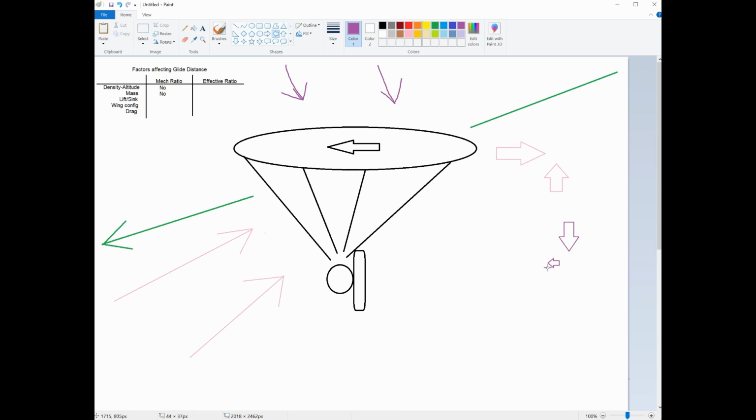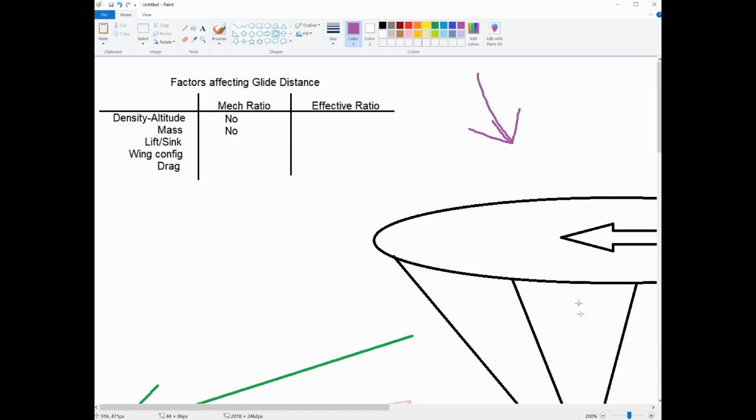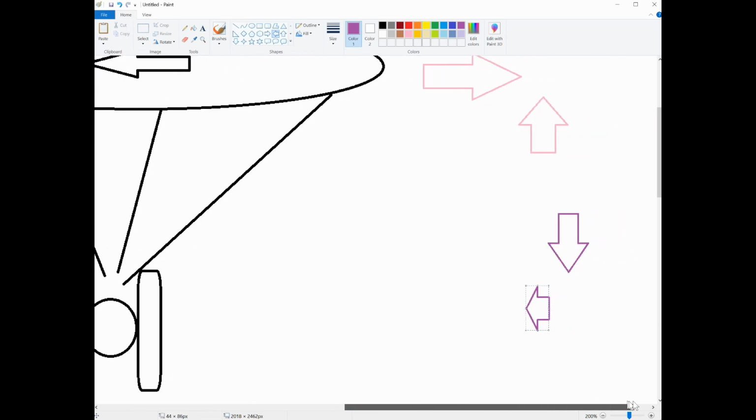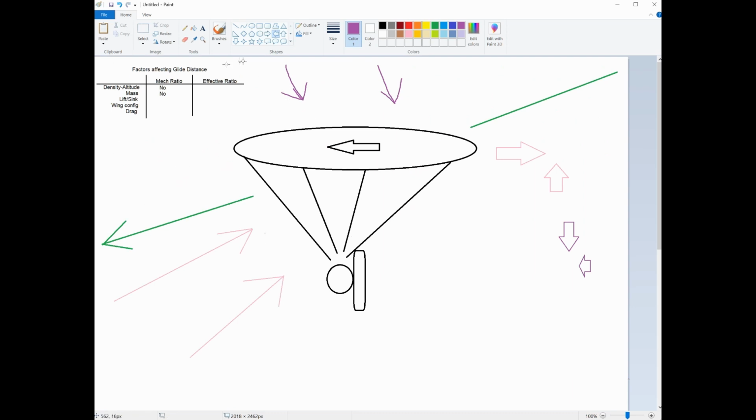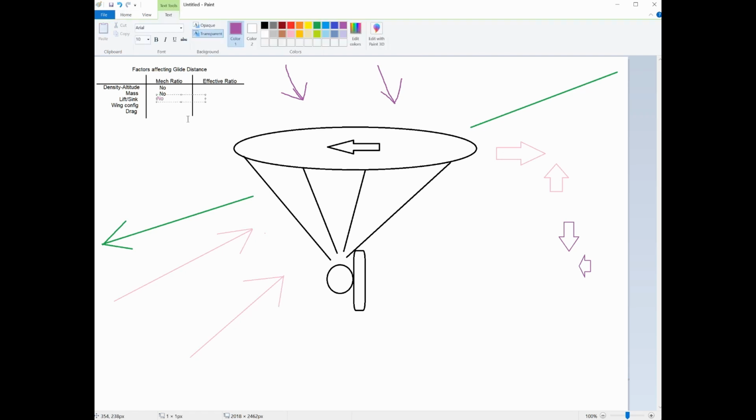Even barely forward. Or a tiny force pushing it back, just because I happen to draw an angle that way. So lift and sink also does not, let's add that in there. No.